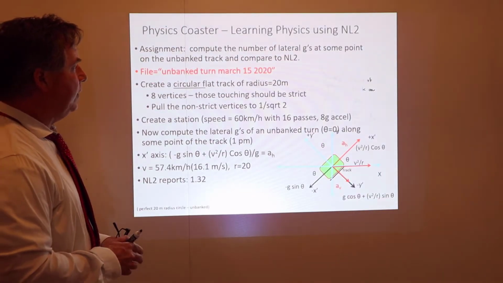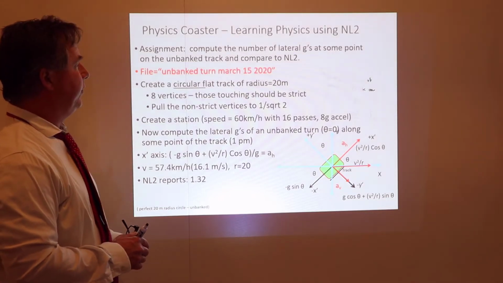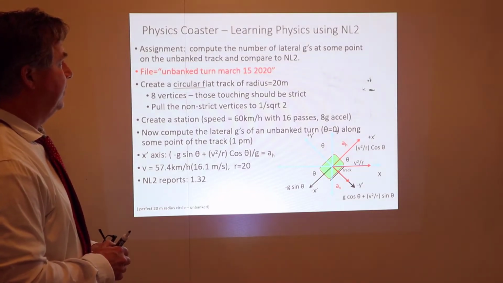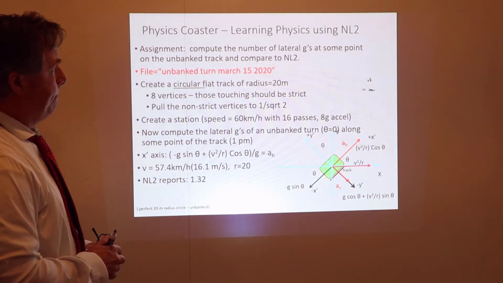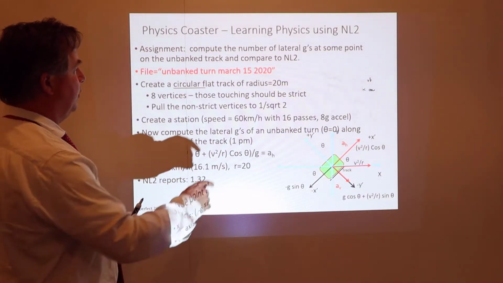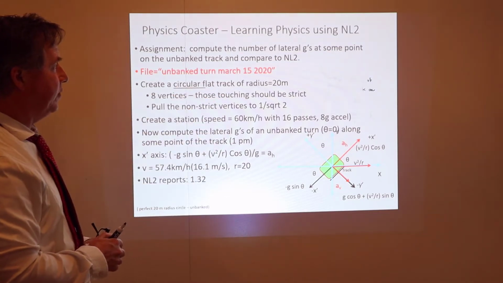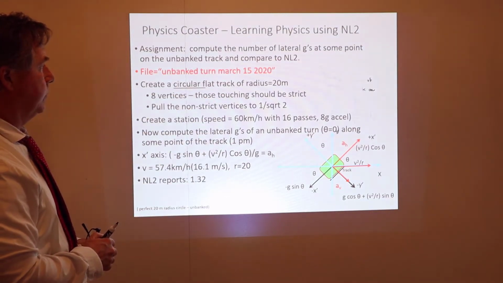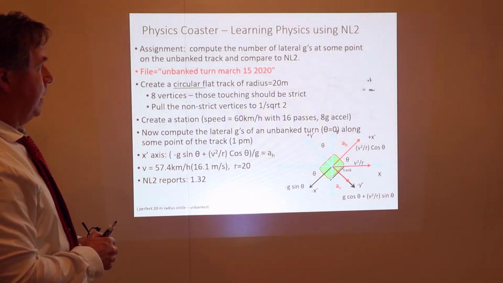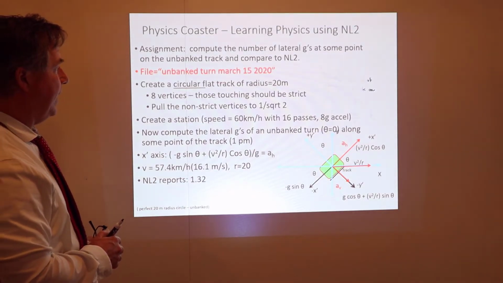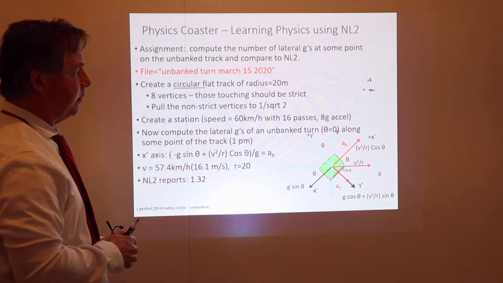Okay, so next I'm going to do an example in NoLimits2, and this is an assignment you might want to give to your students. What I'm going to do is build a circular flat track of radius 20 meters, and provide a velocity of 60 kilometers per hour to the accelerator.